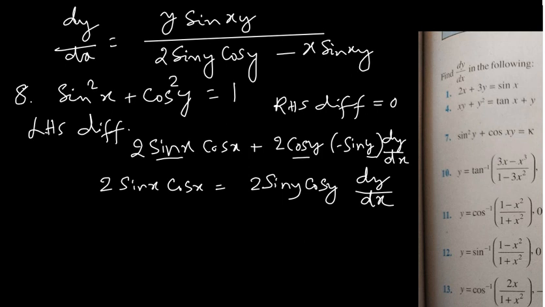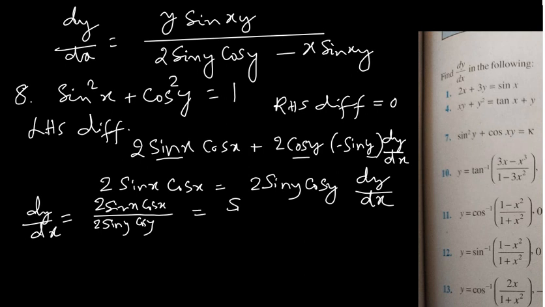So you get dy by dx equal to 2 sin x cos x divided by 2 sin y cos y. This is equal to, if you simplify, you will get sin 2x divided by sin 2y, because that's the trigonometric formula.